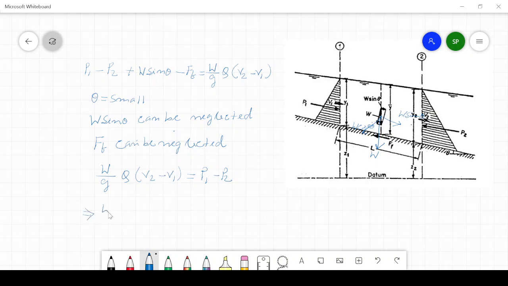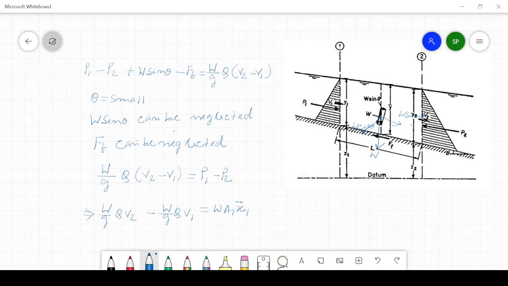So W by G Q V2 minus W by G Q V1 is equal to, if P1 we can write in this way also, W A1 X1 bar.